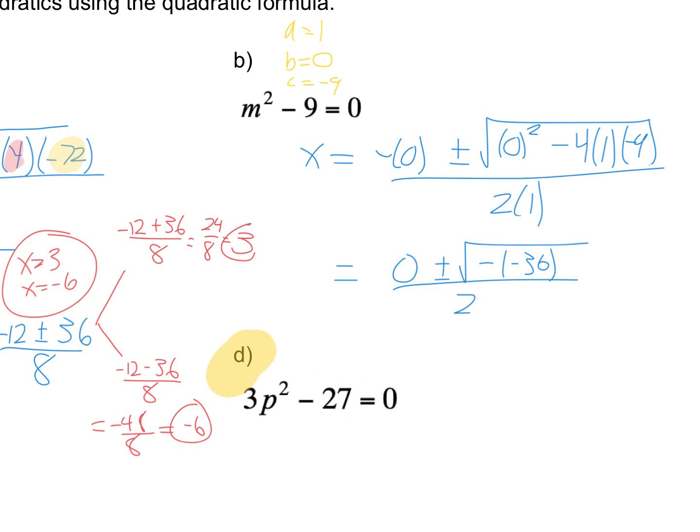All right, so this will equal, we have 0 plus or minus, here we are subtracting a negative, so this will actually become the square root of positive 36 divided by 2. The square root of 36 is 6, so we have 0 plus or minus 6 over 2.